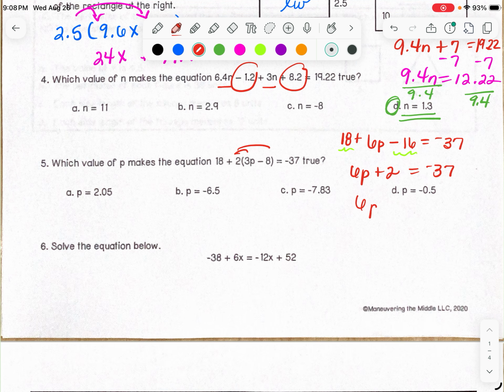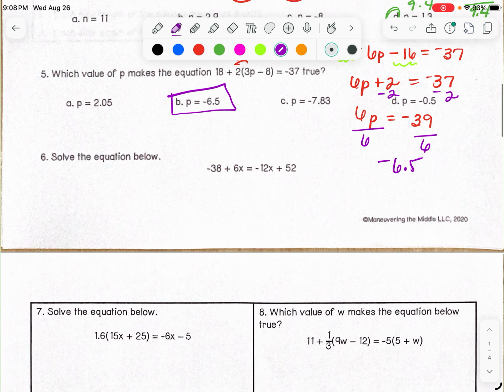So I subtract 2 from both sides, and that's going to be negative 39. If I divide both sides by 6, that's going to give me negative 6.5. So the solution is B.